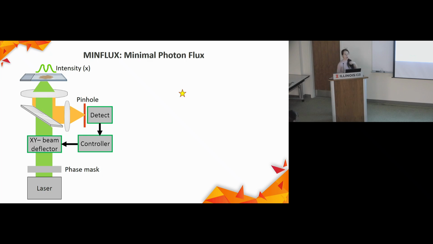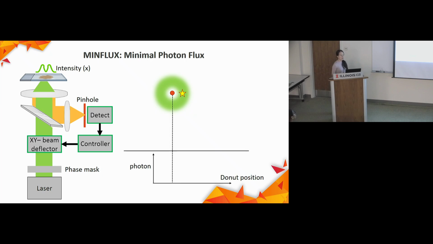Okay, so how are you gonna actually localize your particle? Think about you have a molecule that you wanna track in the system, and you have a donut-shaped laser that is somewhere on the camera. It's not precisely focused on the molecule yet, but you know it's somewhere.